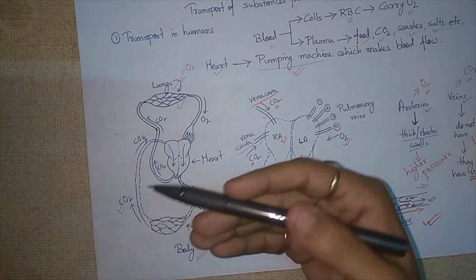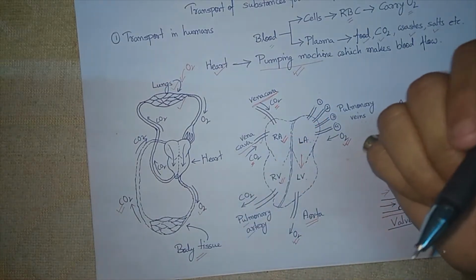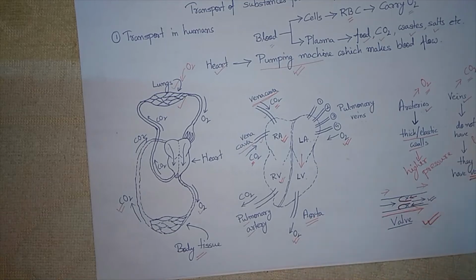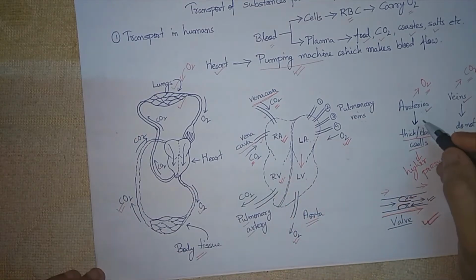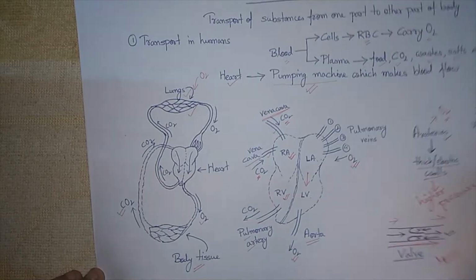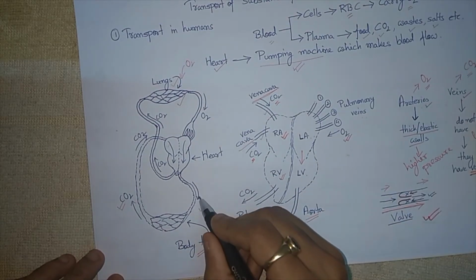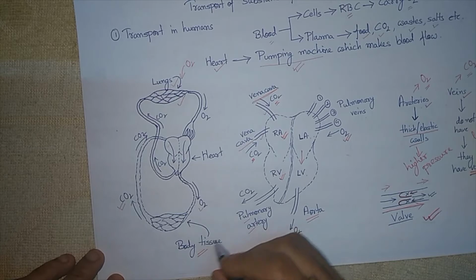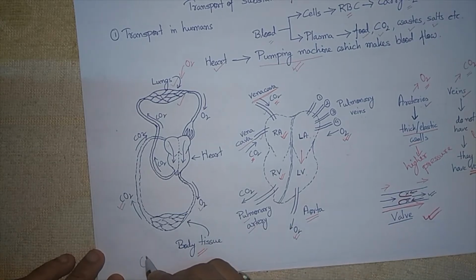Now there is another kind of blood vessel besides arteries and veins. These are not separate blood vessels; these are modifications of arteries and veins. Like this is an artery carrying oxygenated blood. It becomes finer and finer. Finer in the sense that if the diameter of the artery is this much, then the capillary will be this much.